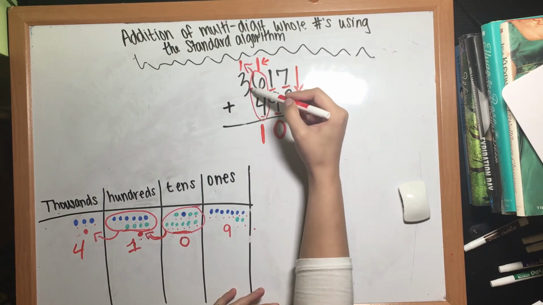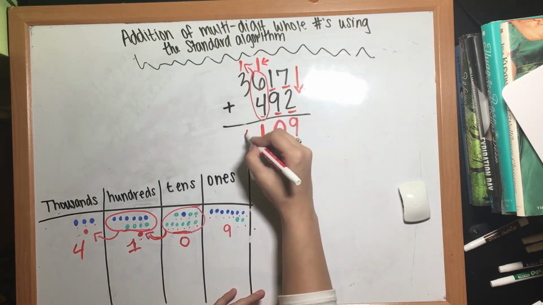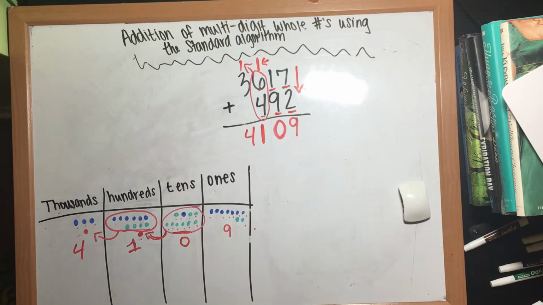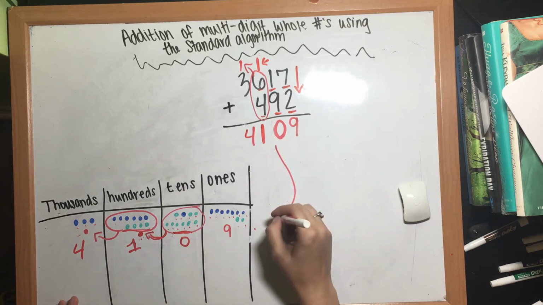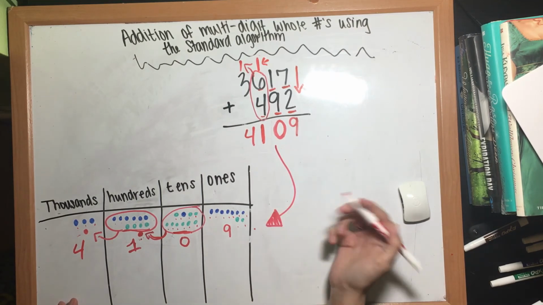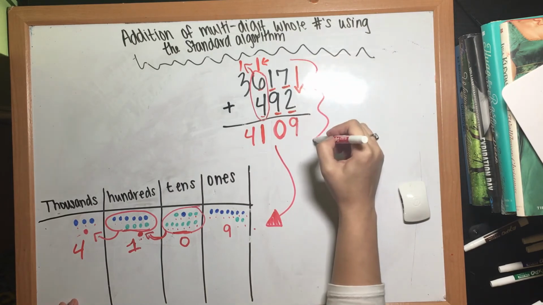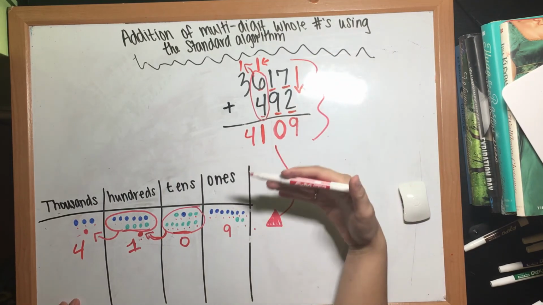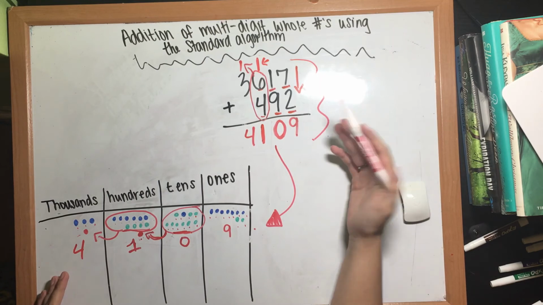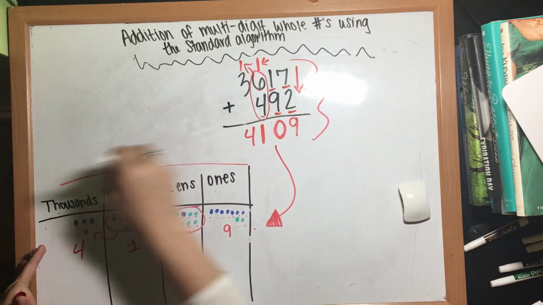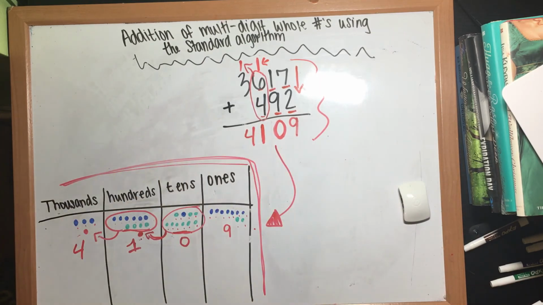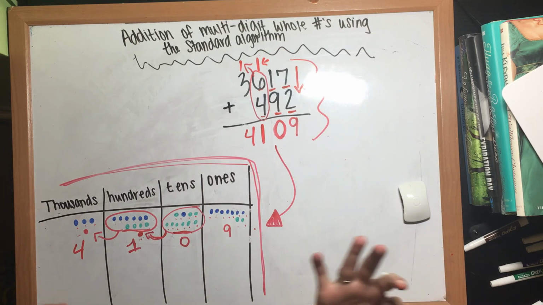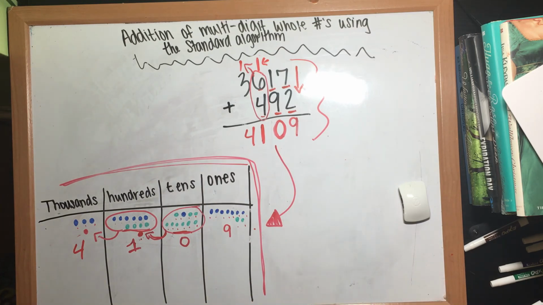So 11, and then we can move on. 3 plus 1 gives you 4. So I got the same answer that I did down here. This one I probably got a little bit faster because I didn't have to draw out all of the steps, but this does help them visualize it a little bit easier and help them understand why they're moving that 1, why they are carrying that 1, and what it means to regroup.